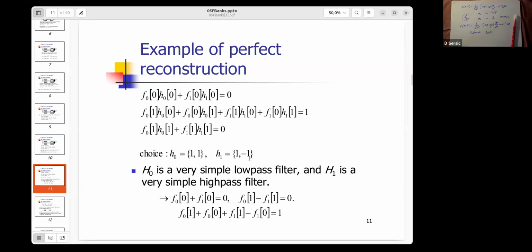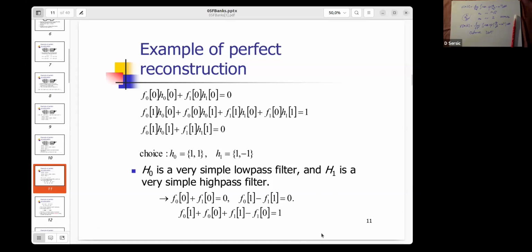A simple difference between neighboring samples corresponds to a very simple high-pass filter, and this is a very simple low-pass filter. So we have chosen 4 numbers out of 8. And right now, our equations simplify to something like that, but we still have a lot of freedom to choose.